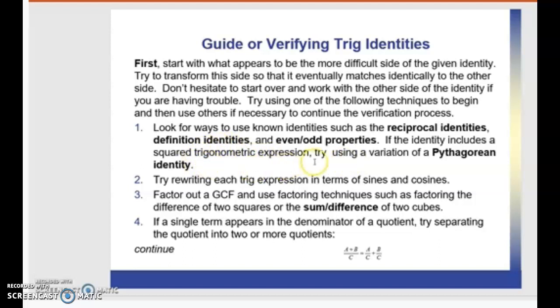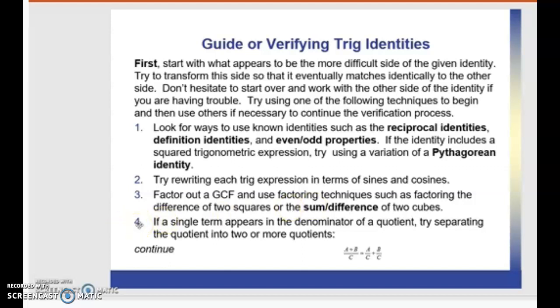Of course, all of these identities here in bold were just shared with you. Method 2. Try rewriting each trig expression in terms of sine and cosine. Method 3. Factor out a GCF and use factoring techniques, such as factoring the difference of two squares or the sum or difference of two cubes.